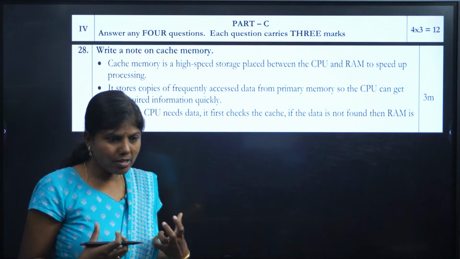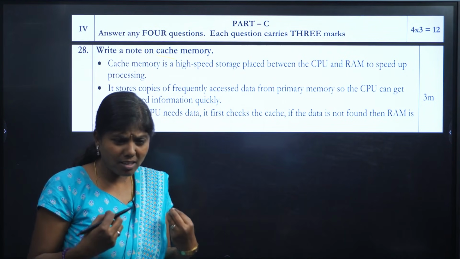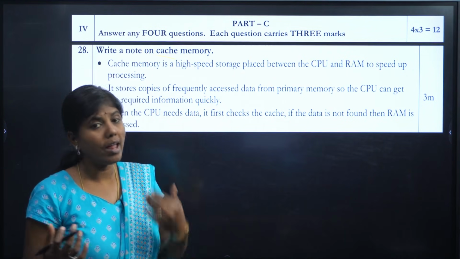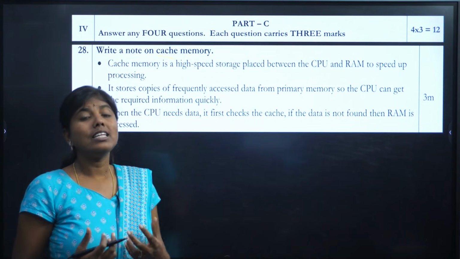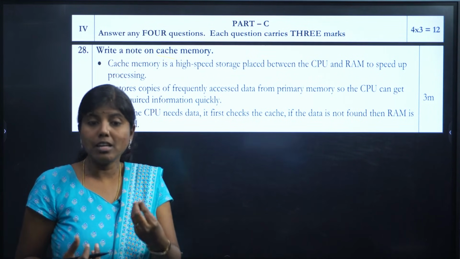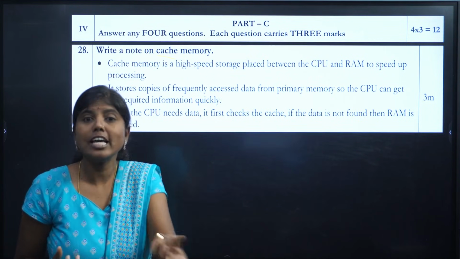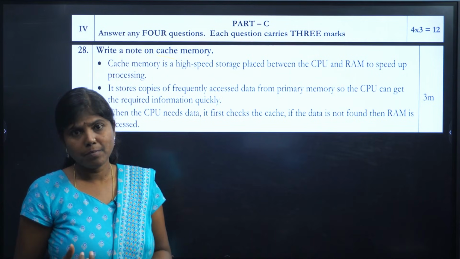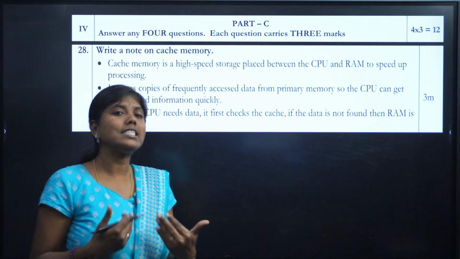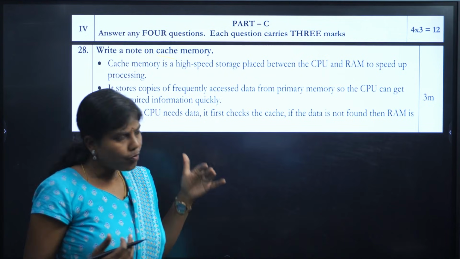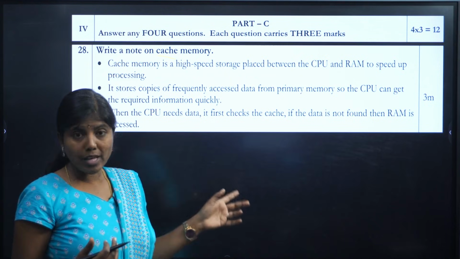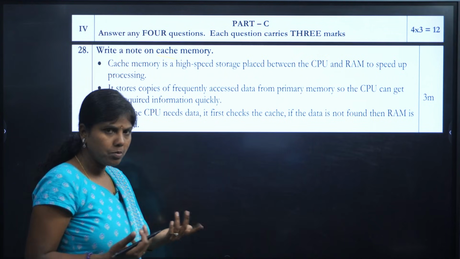For example, the CPU has to access the data immediately rather than going to RAM and then fetching the data. The data should be present in cache for easy access. For frequently accessed data, we make use of cache, to speed things up.